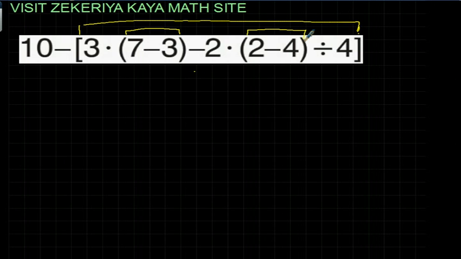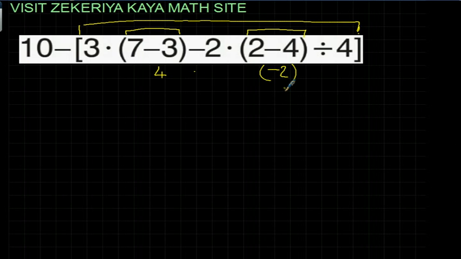So remember the order of operations. That's a must. Firstly, bracket. Inside of the bigger, we have a smaller one. Firstly, we must make a calculation inside of the smaller bracket. You understand? So 7 minus 3 will be 4. 2 minus 4 will be minus 2 inside the parentheses. 2 has no sign, that means plus.